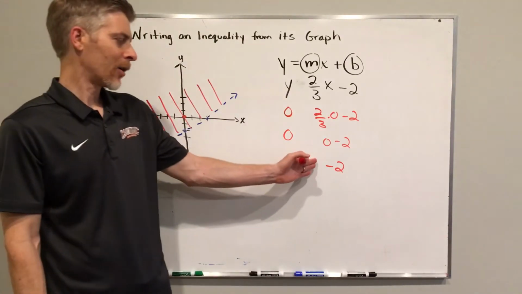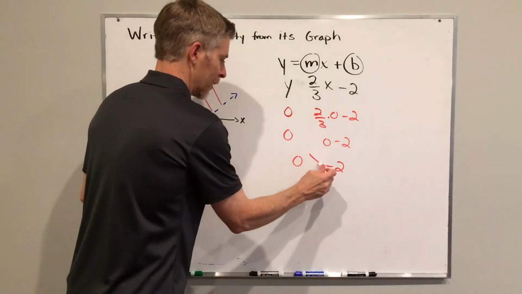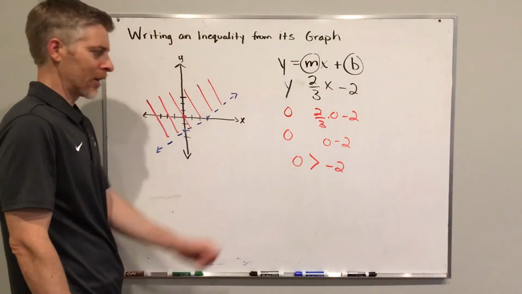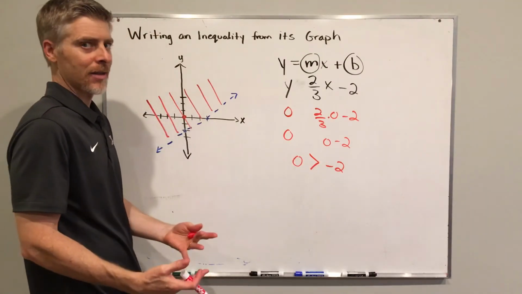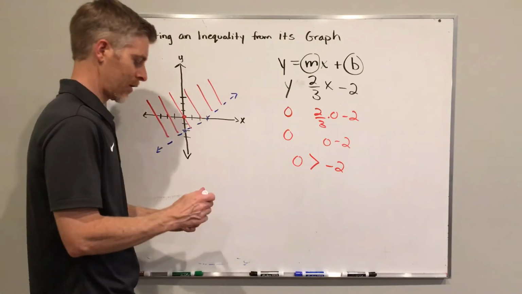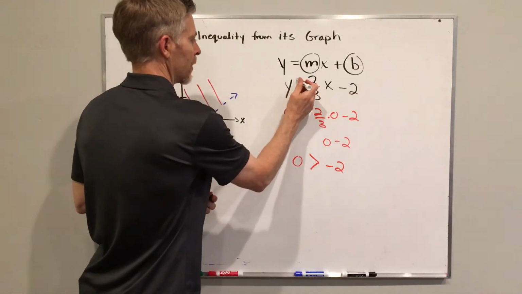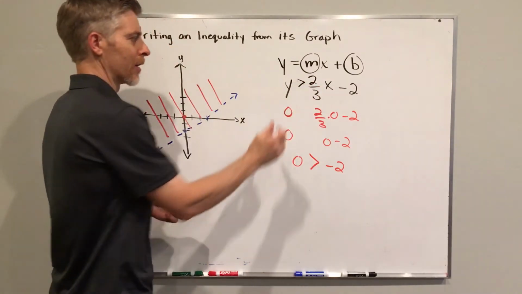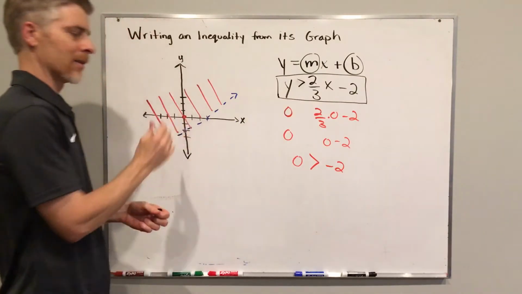What kind of arrow would I have to put in here to make this true? If I put the arrow like that, is that true? Is 0 greater than -2? Yes, it is. 0 is actually greater than -2. So I know this is a greater than arrow, and that is my final answer.